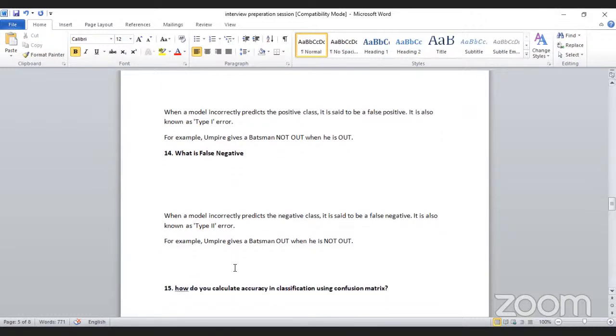So your next question is, how do you calculate accuracy in classification using confusion matrix? Any answers, friends?